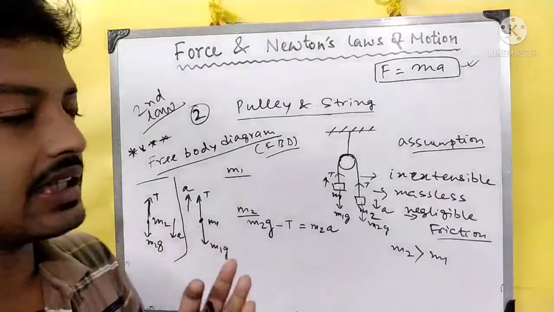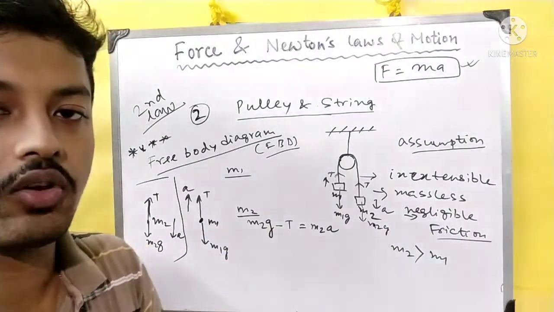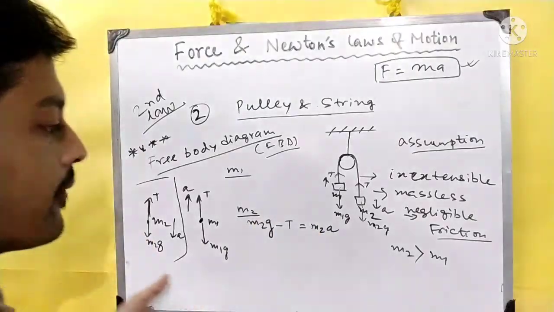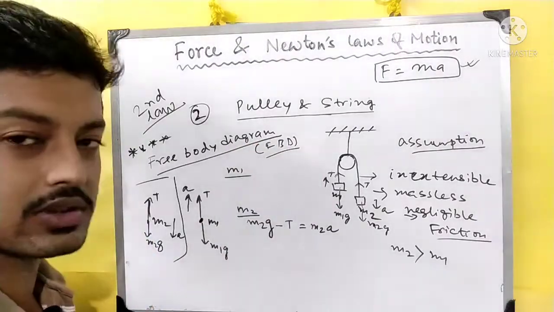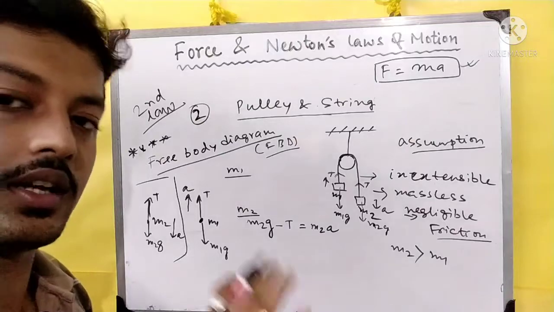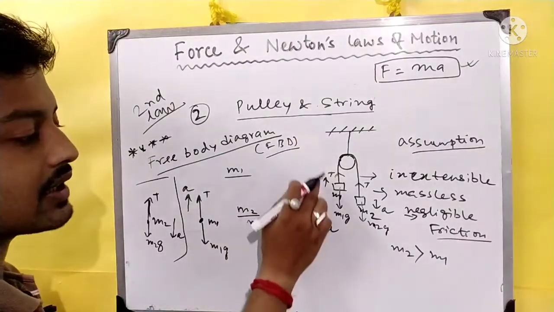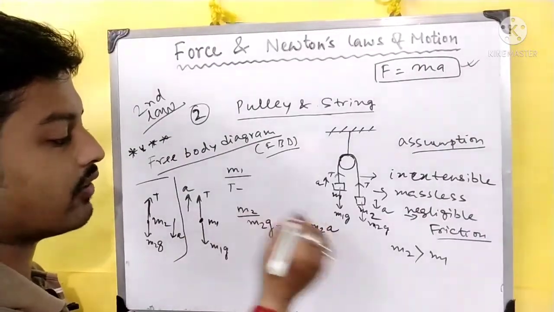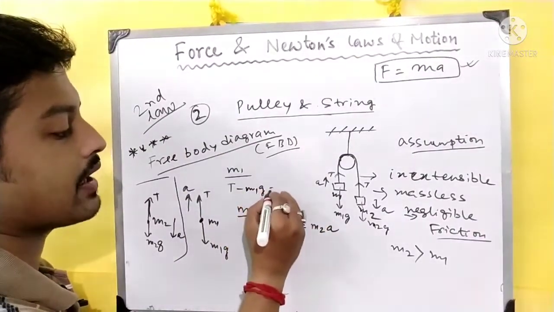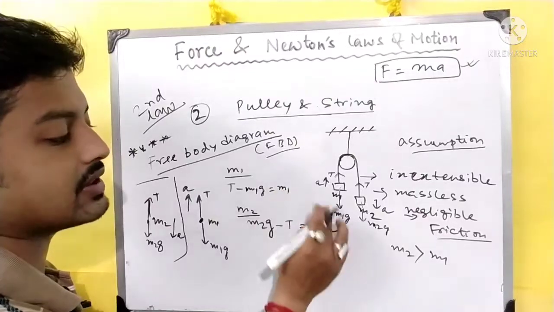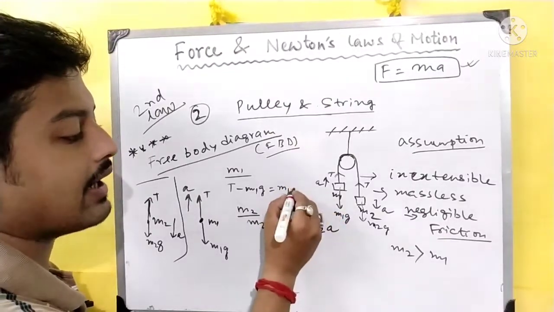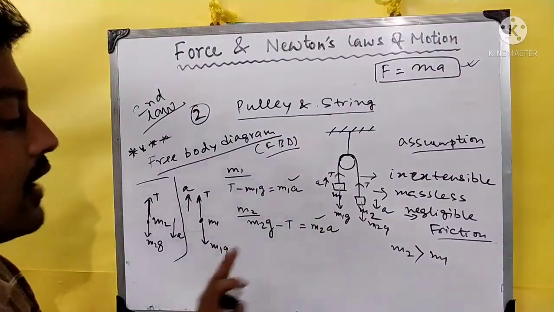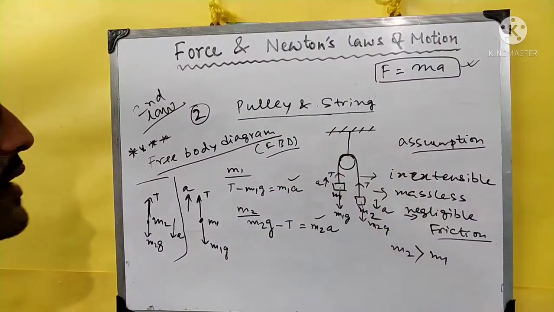Whichever of m1g or tension is opposite to the direction of acceleration, you have to take that as negative. In the direction of acceleration positive, opposite to acceleration negative. Here in the direction of acceleration is tension, so tension will be positive and m1g negative, equals the product of mass m1 and acceleration of the system.